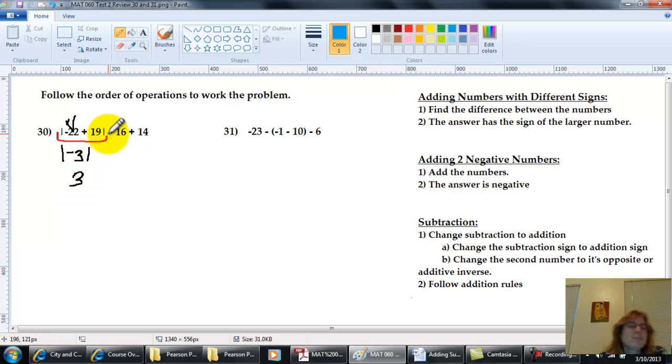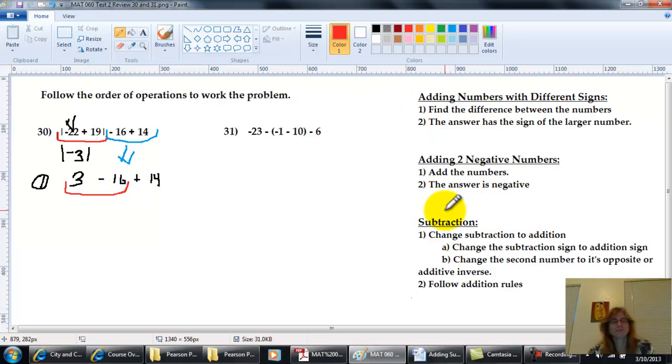Now we still have to solve all that's left over here, so we're going to pull that down, and this is as if we are making rows going this way. And now we're going to write this down, that's minus, and bring the rest of that down, minus 16. Now a new row to look at, and we start this from left to right, so we do this first and we follow our rules over here.